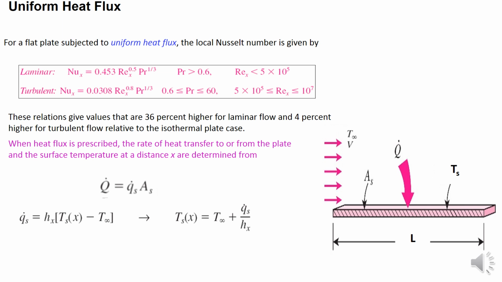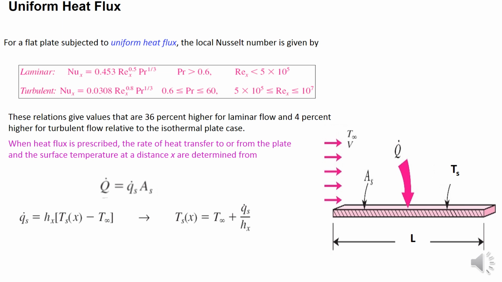If uniform heat flux is applied, it gives 36% higher for laminar flow and 4% higher for turbulent flow relative to the isothermal flat plate case.